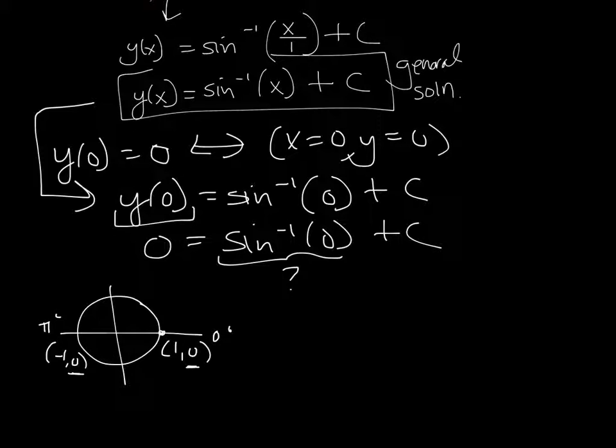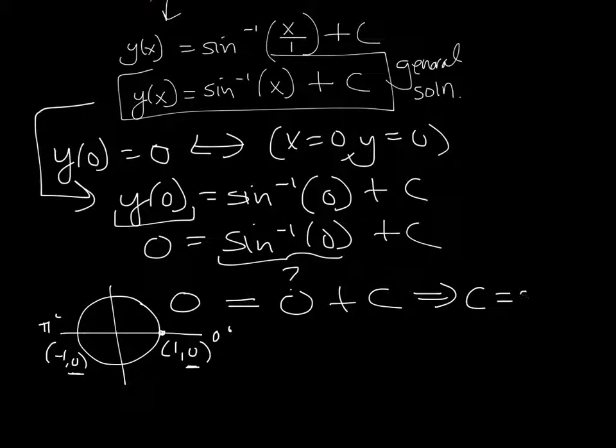But remember, when we work with an inverse function, there are restrictions. So the sine inverse of 0 is 0. That gives us c is 0. So if we add 0, we're not really adding anything.